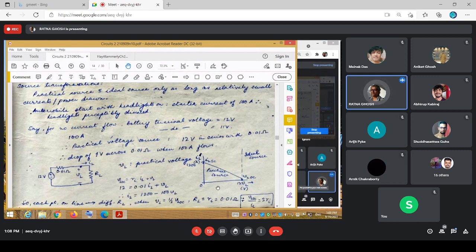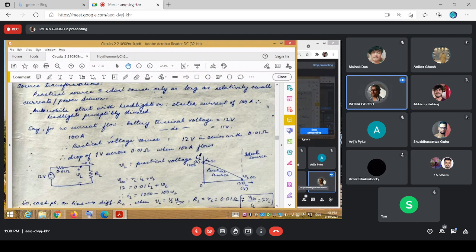One particular response point is very much noted and significant: the point at which the load voltage is exactly half of the open circuit voltage, VL equal to half of VLOC.